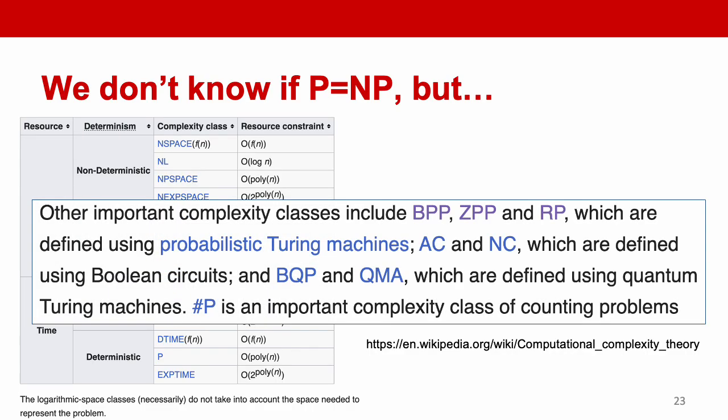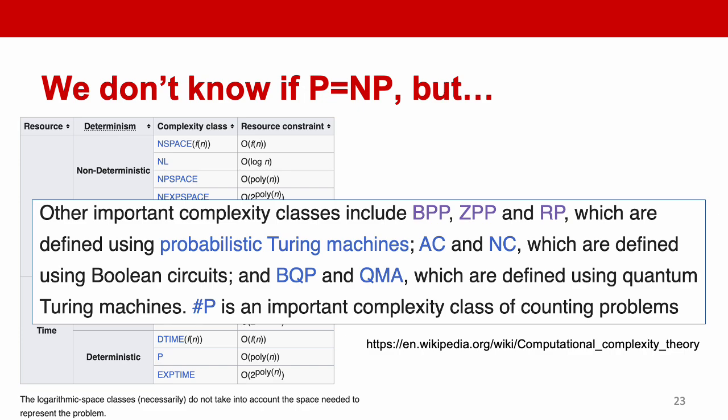So you might be interested in things like probabilities as well. If you care about probabilities, then you might want to use probabilistic Turing machines. You might use Arthur-Merlin proofs, which are important in cryptography. PSPACE and IP, which is interactive proofs, those are also important in cryptography.